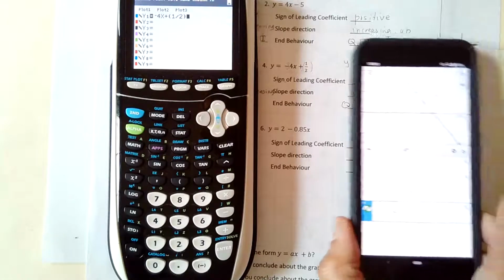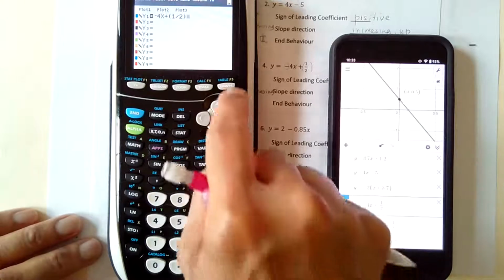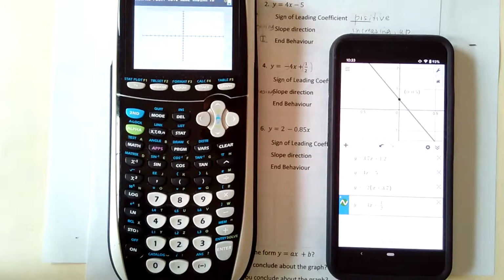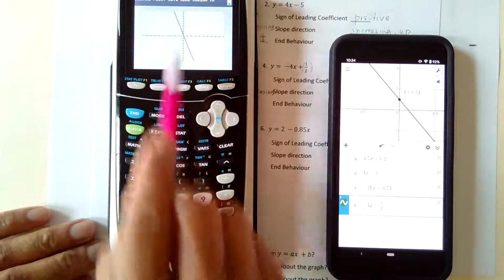With Desmos, it doesn't really matter most times. So now we do a graph, press the graph button. And there is our graph, very similar to what we have. Quadrant 2 to 4, and it's decreasing.